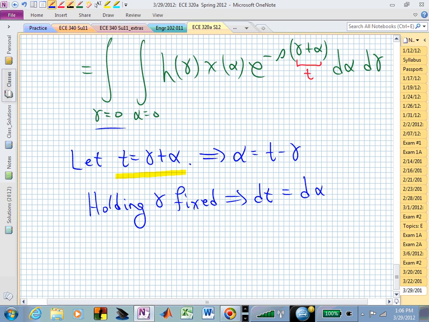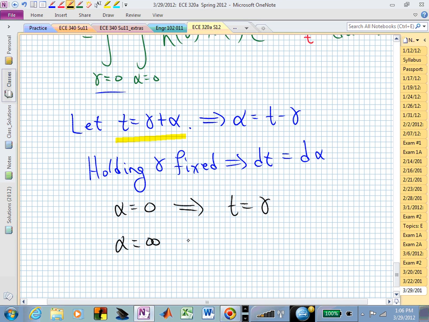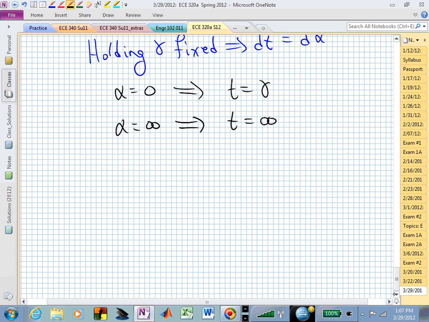And now we're ready to start replacing the alphas with expressions of t. Alpha equals 0, the lower limit. If I plug that into the highlighted yellow piece, if I let alpha equal 0 there, t is just gamma. Likewise, if I let alpha be the upper limit, t likewise goes to infinity. And now I can rewrite that right-hand side double integral. I have this integral from gamma equals 0 to infinity. I haven't done anything with the outer integral.